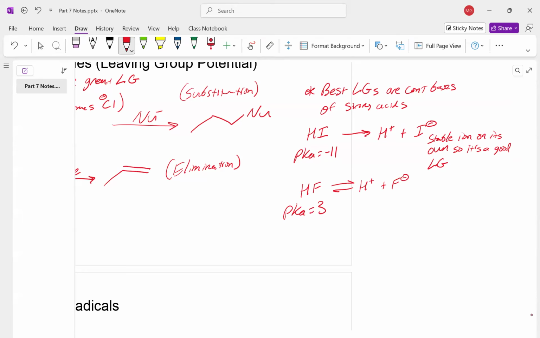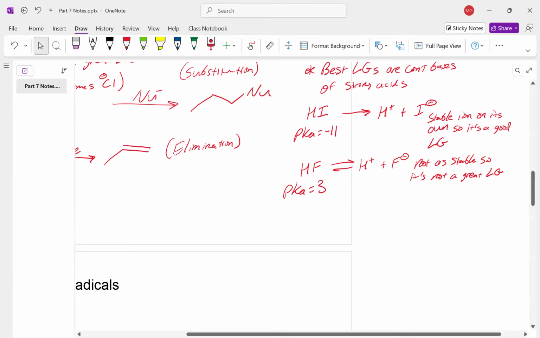Because the F minus ion is not as stable, it's not a great leaving group. Let's take a look at something else. This is a little bit of a side trail here, but again, you need to get good at being able to recognize something as a good leaving group or a poor leaving group.